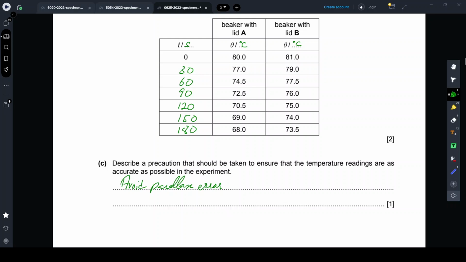So you have to read the thermometer scale at eye level and perpendicular to the liquid column.